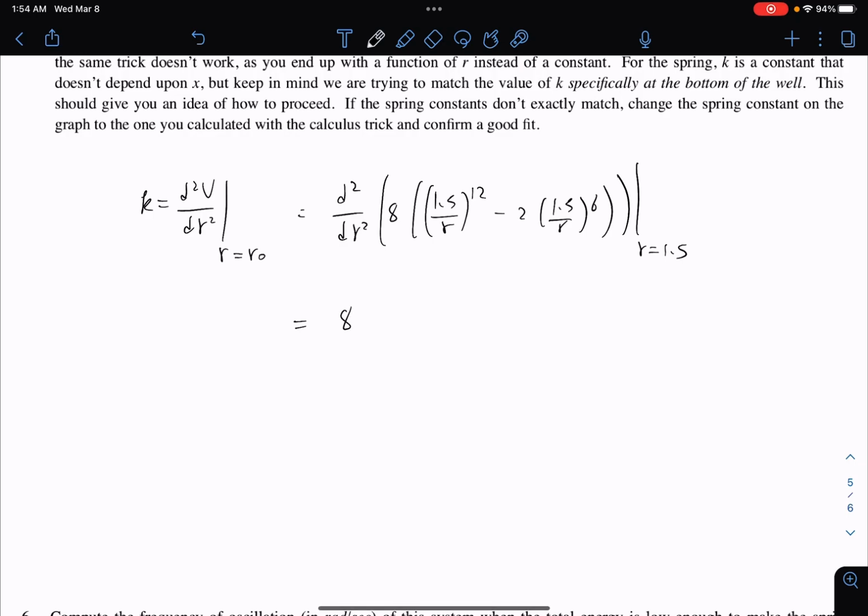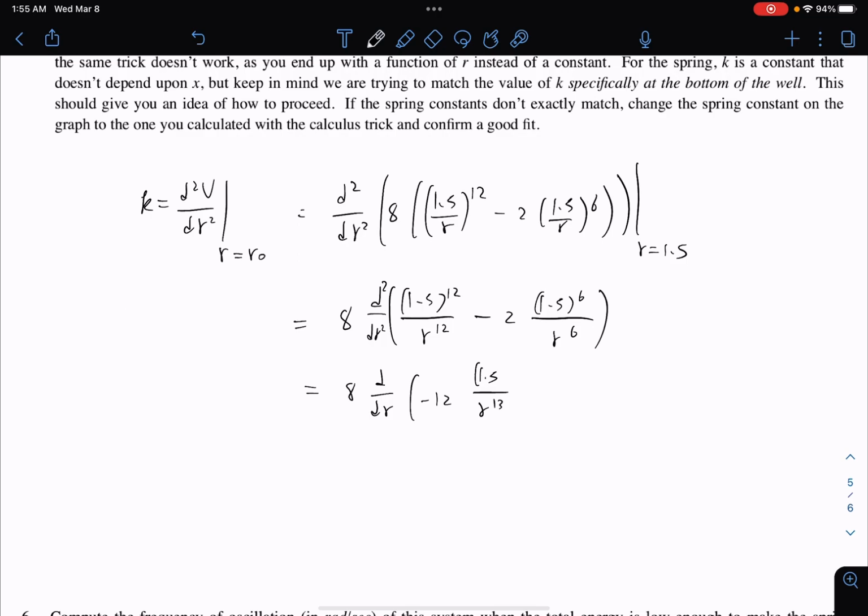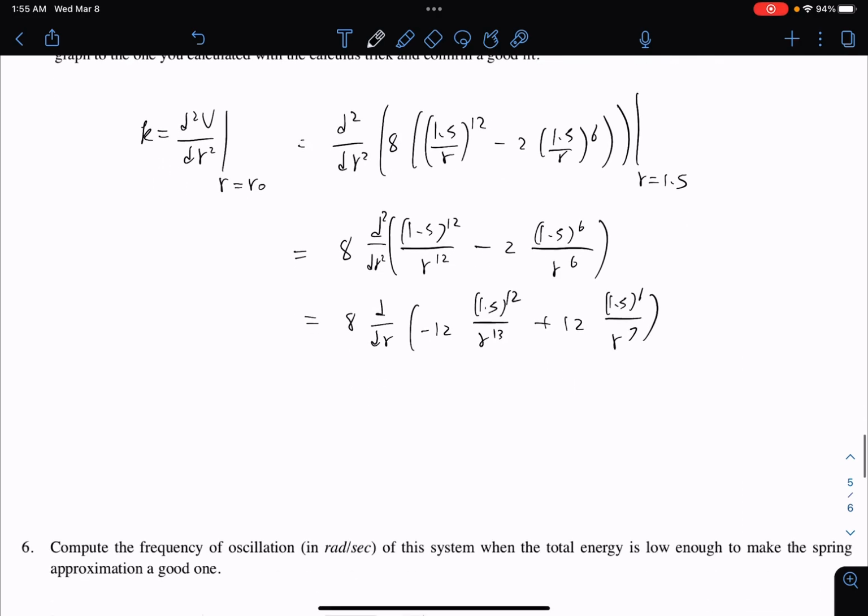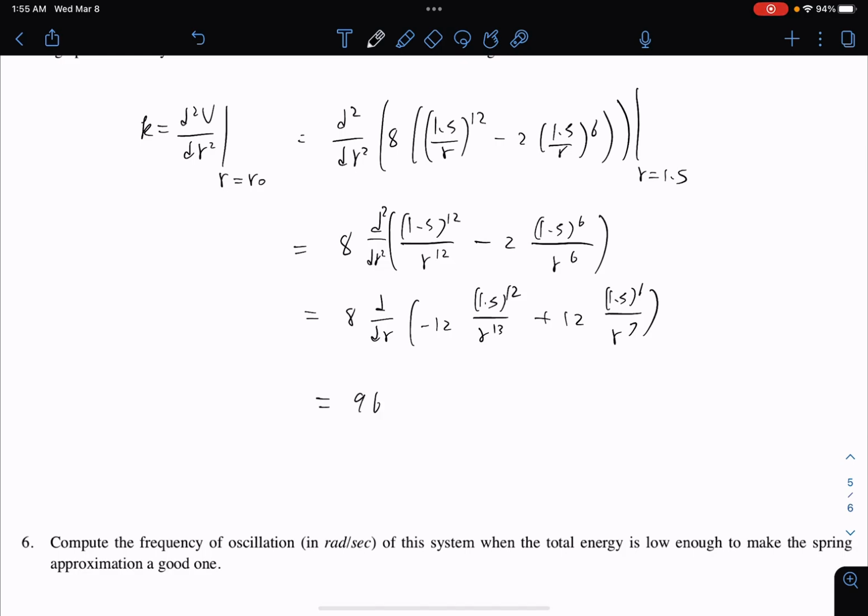Let's get 8 out of the parentheses. 1.5 to the 12 is a constant, and we're differentiating r to the minus 12 here and r to the power of minus 6 here. This is just a polynomial. We will get a minus 12, and minus 12 becomes minus 13. Let's keep the constant 1.5. And here we have also a 12, and minus 6 becomes minus 7. 6 stays the same. 8 times 12 is 96.